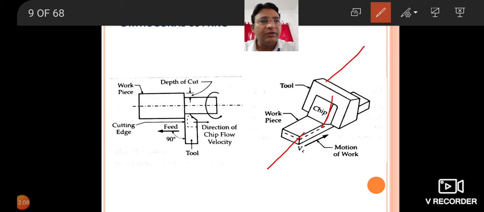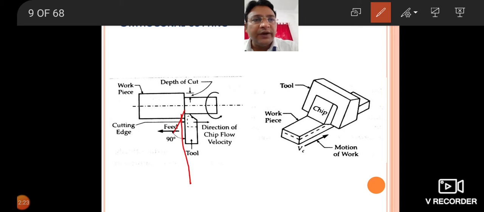This is another view, the front view. You can say this is one view, this is another view. This could be a view from this side, that is you are seeing the workpiece, the tool, and the chip. So what is here? Here you can see this is the workpiece and the tool is fed exactly perpendicular to it. You can see the direction of the tool.